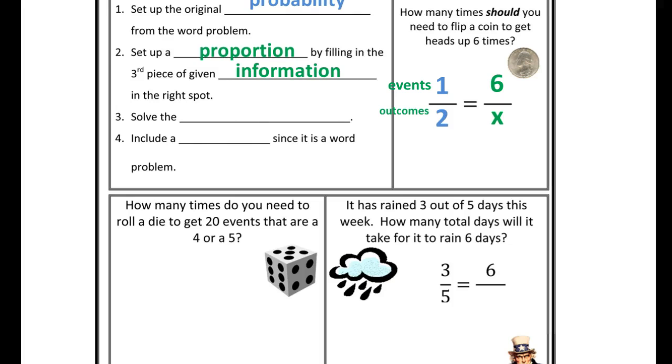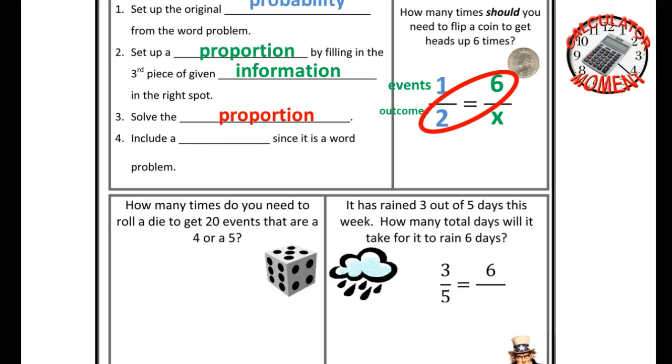My unknown is my outcome, so I need to find the total number of times I need to flip that coin. So I'm going to solve the proportion. 2 times 6 gives me 12. Again, this can all be done as a calculator moment. 12 divided by 1 gives me 12. Include a unit. So in this case, I need to flip it 12 times or 12 flips.